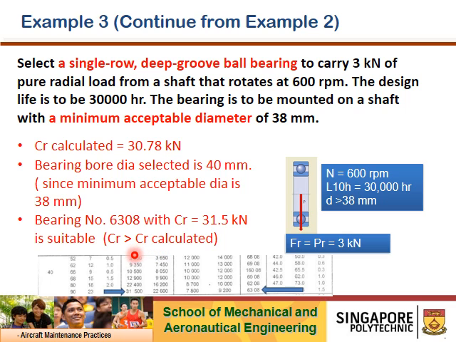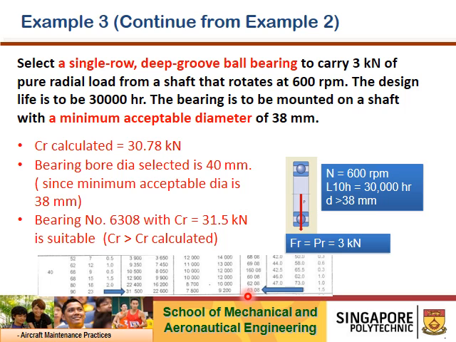So we look at the CR itself, which requires 30,780. You look at it, 22,400 is lesser than 30,780. So the next one is 31,000, which is greater than 30,780. So I will choose this ball bearing because the catalog CR is definitely greater than the calculated CR. So the ball bearing number is 6308.